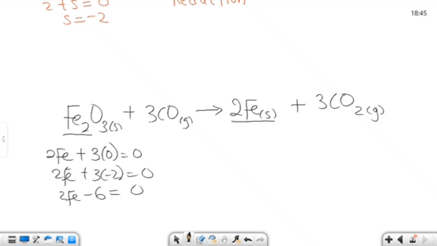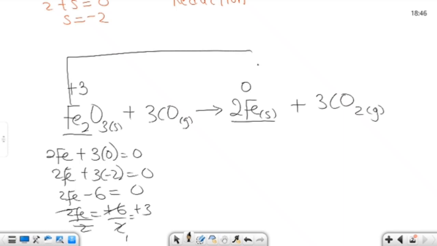So 2Fe equals plus 6. Divided by 2, we have plus 3. It means the oxidation number of iron at the reactant side is plus 3. For the product side, it's quite easy because iron is in the free state, so it is 0. So if you look at this, the oxidation number is decreasing, so it is undergoing reduction.